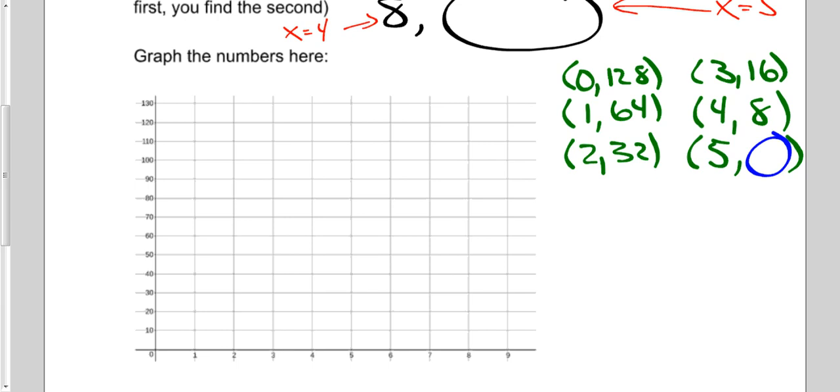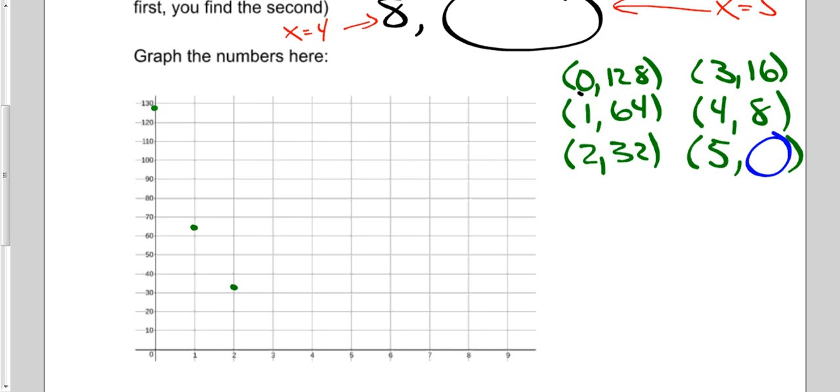So over here, when x is 0, I got 128. So I go clear up from 0 to 128, almost to 130, and I put a dot right under 130, right there. And then the second number, 1 comma 64. So I go to 1 and go up to 64, and I put a dot there. And then I go to 2, 32, just over the line.